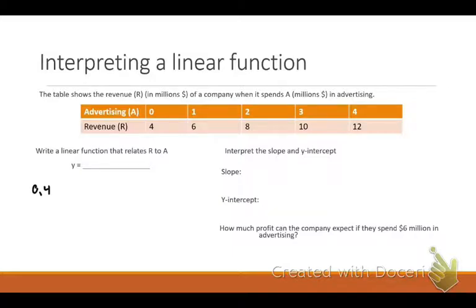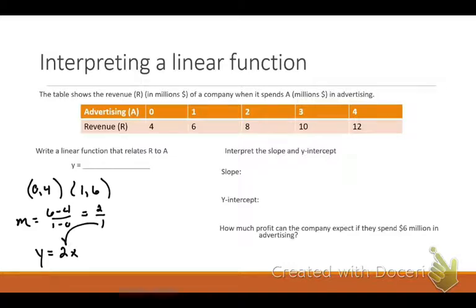0, 4, and 1, 6. I pulled out my first 2 ordered pairs. My slope, 6 minus 4 over 1 minus 0. What's 6 minus 4? 2 over 1. Y equals 2x. Remember, whatever my slope is, I put in front of x.